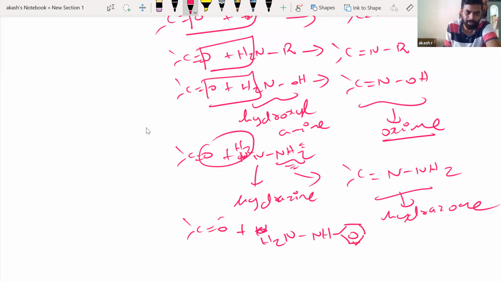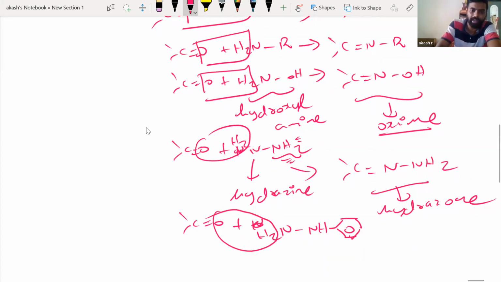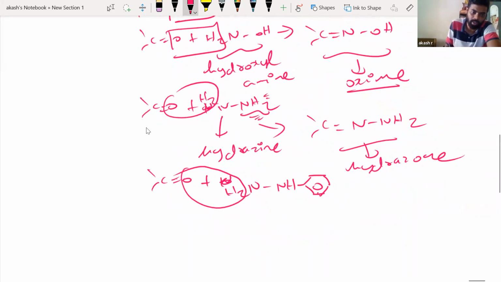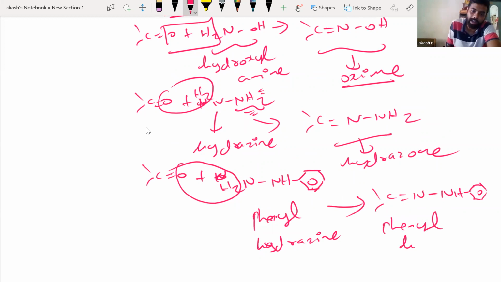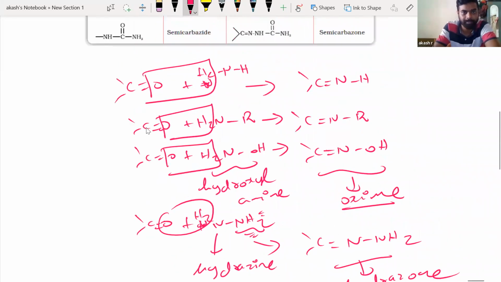The product is very simple. All that you have to understand is the name. This one is called phenylhydrazine, and obviously the product is going to be C double bond N, again with this NH attached to the benzene ring. Now this is obviously going to be called phenylhydrazone, right? And that's exactly what is written here.